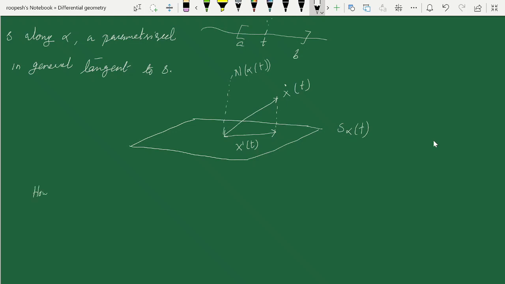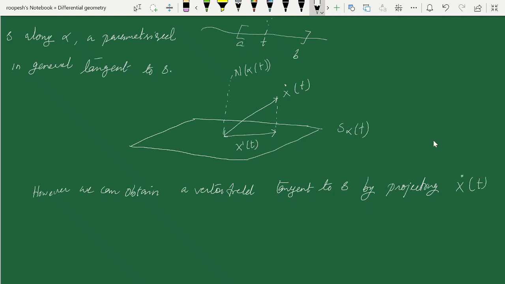However, we can obtain a vector field tangent to S by projecting x dot of t orthogonally onto the tangent space of S at alpha of t for each t belonging to I. For each t belonging to I, we are projecting x dot of t orthogonally onto the tangent space.